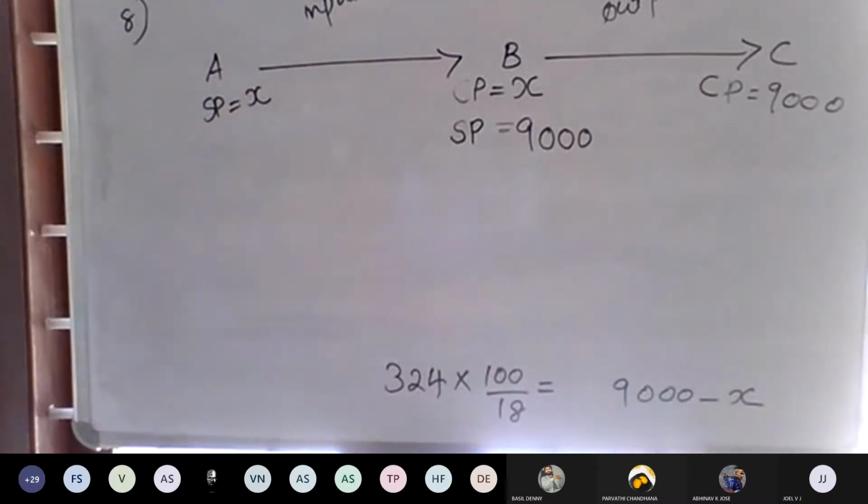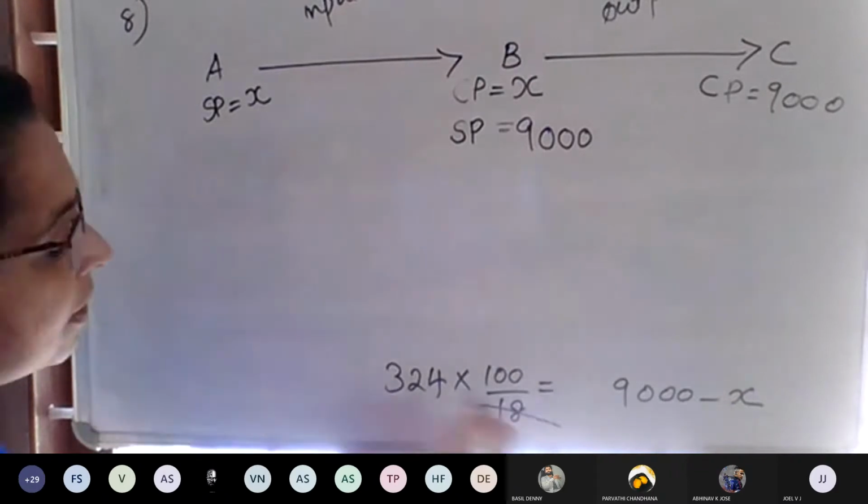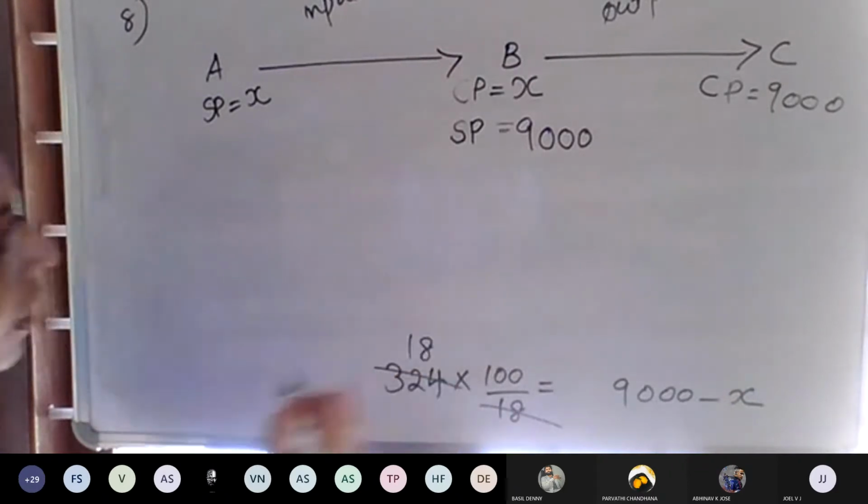Or do the calculation in the working column. Cancel by 2, and you will get 18 there. If you don't know directly, cancel by 2. So 18 into 18 is 324.